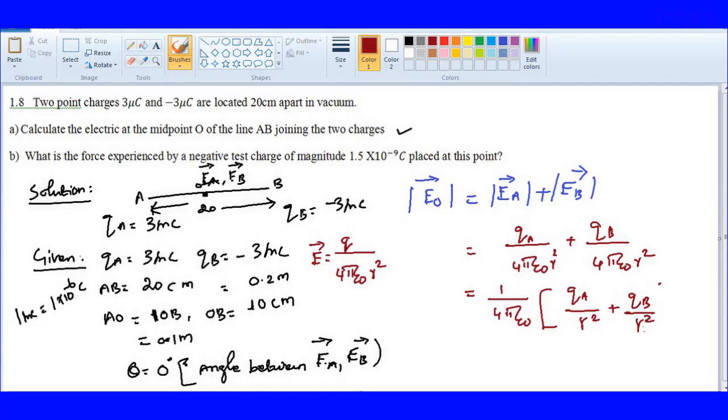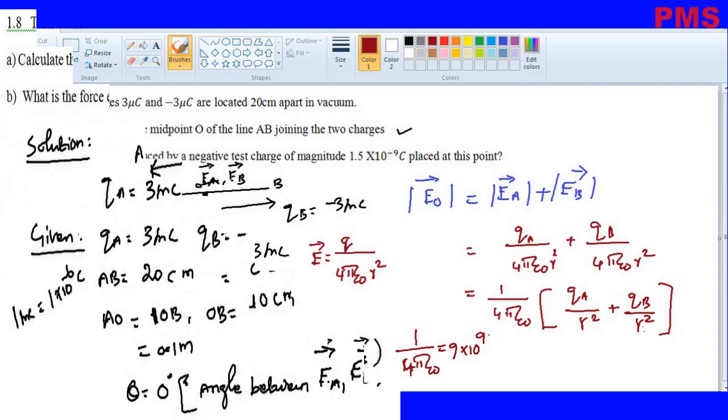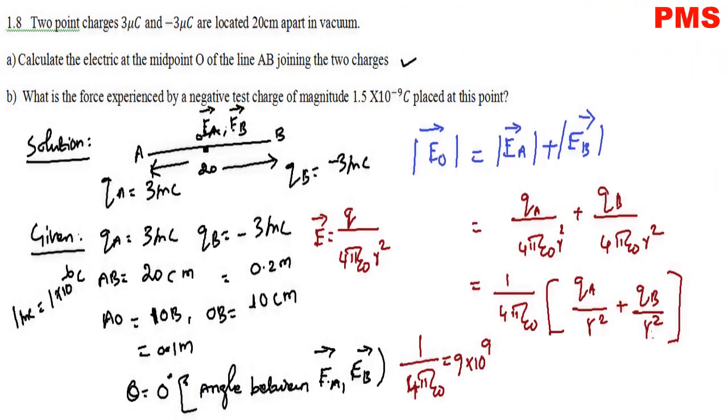We know that 1 divided by 4 pi epsilon naught equals 9 into 10 power 9. It is a constant, a standard value. You can substitute the QA charge value, the QB charge value, and r, which we already know is 0.1 meter.